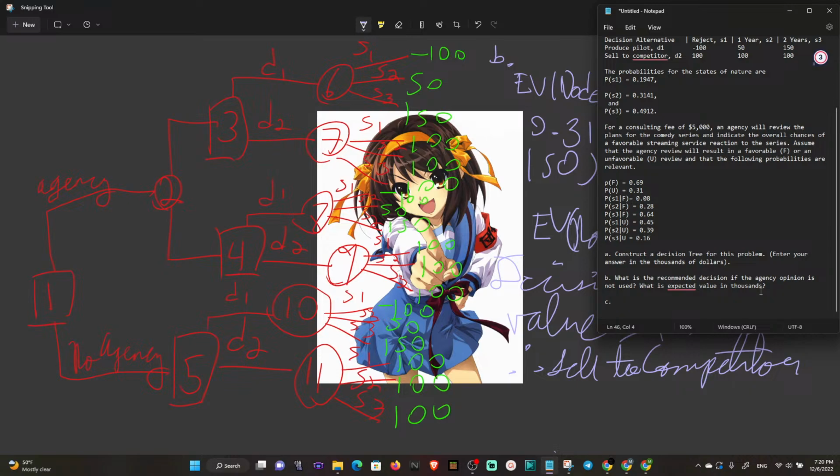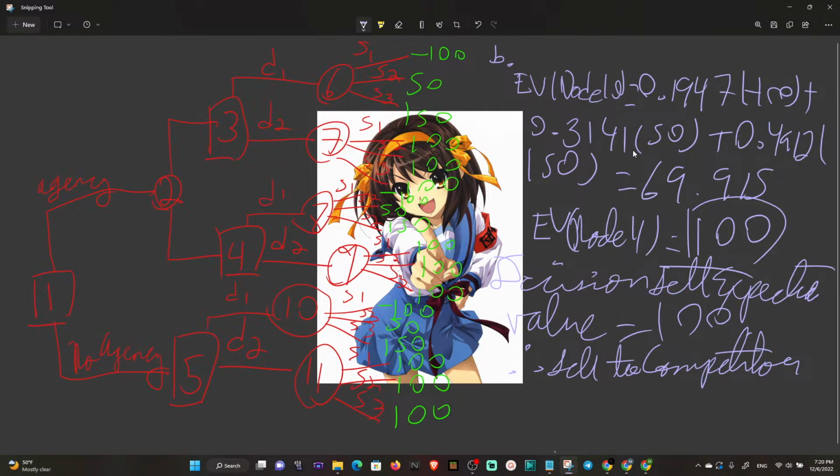Okay. C. What is the expected value of perfect information in thousands of dollars? Well, that's easy. So we already know that our EV without PI is equal to 100.